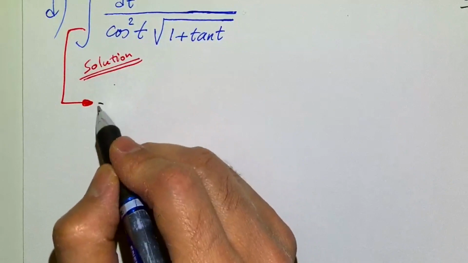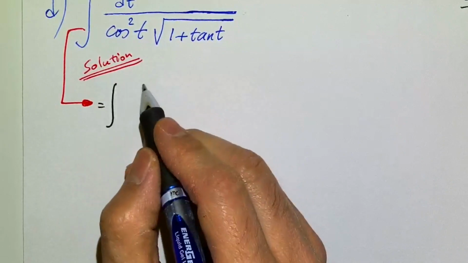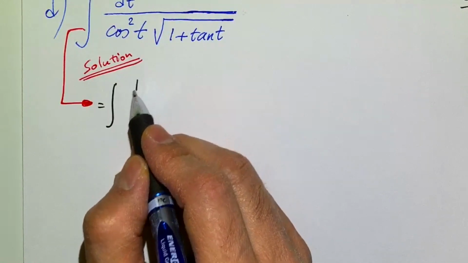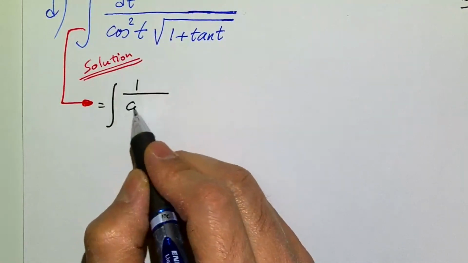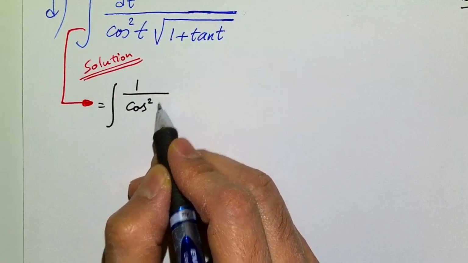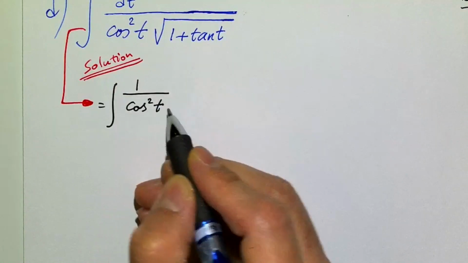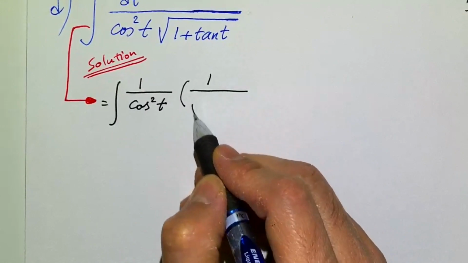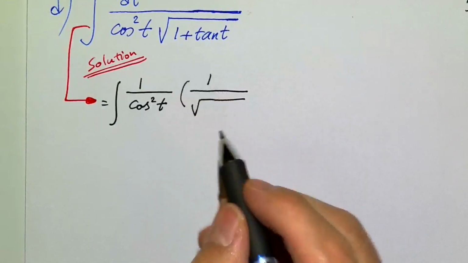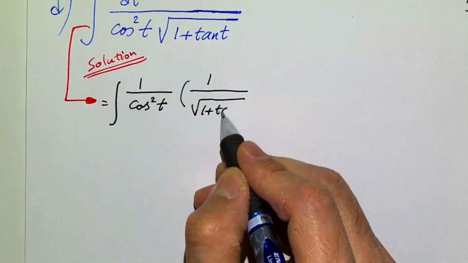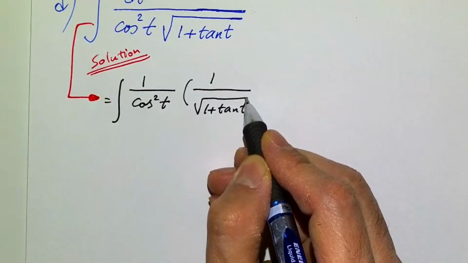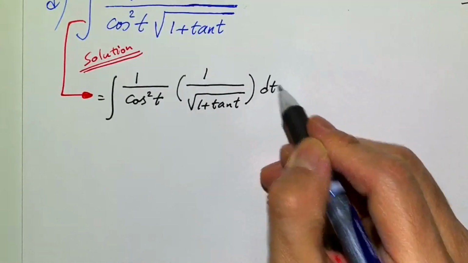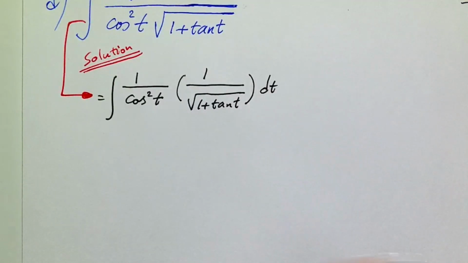So we have 1 over cosine squared t times 1 over the square root of all of that, 1 plus tangent t, times dt, right? Let's rearrange the terms like that.